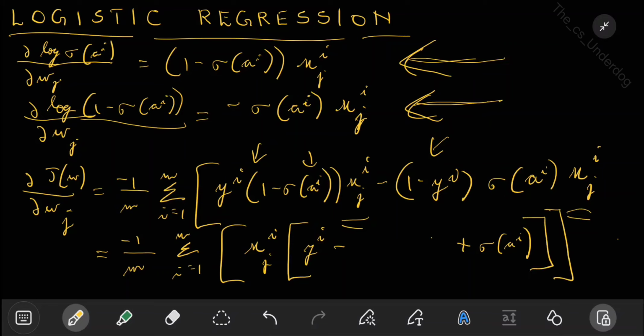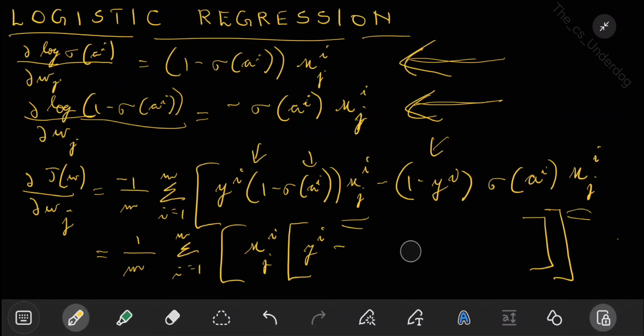Minus of xji into yi minus sigma ai. So this will be yi minus sigma ai. Now I am going to take this minus inside. Here you can see a minus. This minus I am going to take inside. So if I remove this, this will become the other way around.